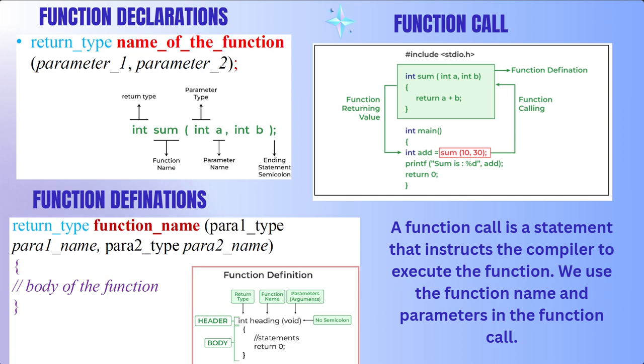Okay, so a function header defines the name of the function by which it will be called, the parameters that will receive the inputs when it is called, and the return type, which tells us what type of value will be returned to the calling function. The rules to name a function are the same as the rules for naming a variable. It should not start with a number, it should not contain any space or special characters, and it should not be the same as a C keyword.